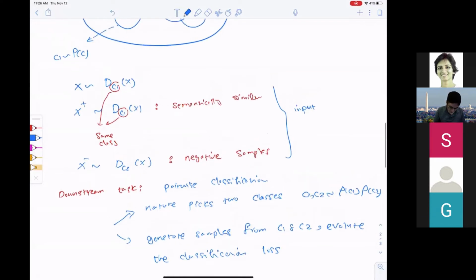Especially, I want you to think a little bit about this assumption, right? Similar and dissimilar pairs. How did we, in practice, generate similar pairs? We did use data augmentation, right? But what is the process of generating similar pairs in this framework?